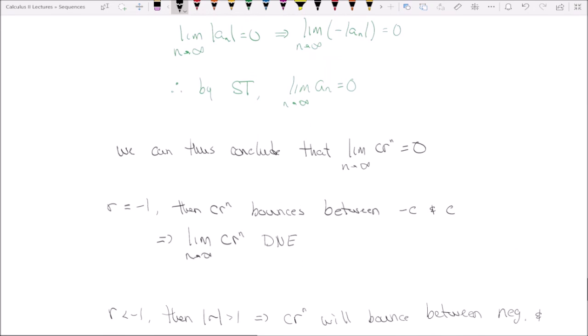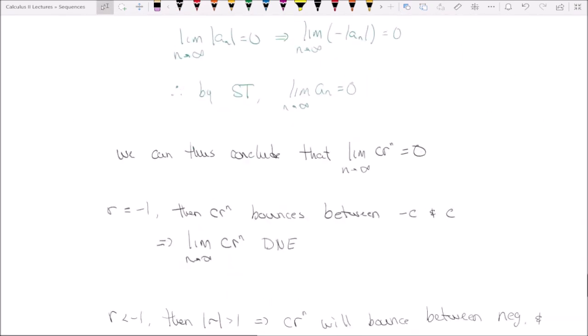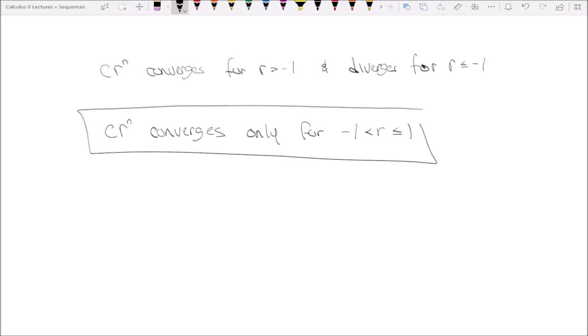If we now combine these two results, the geometric sequence c r to the n converges only for negative 1 less than r less than or equal to positive 1. It'll diverge for any other value of r.